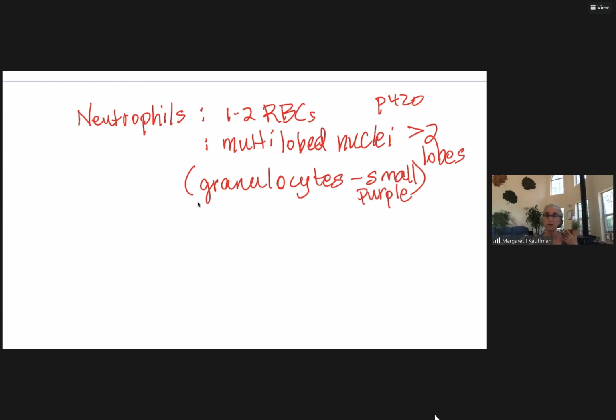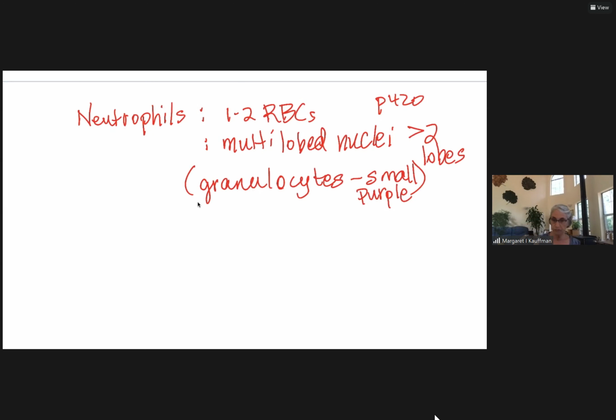The nucleus also looks purple. Most of these stains use an acid-loving or a base-loving substance. Basic items stain one color and acidic items stain another. So the nucleus stains purple as well, and the little granules stain purple. Often all you'll see is a slight purple haze in the cytoplasm of neutrophils.